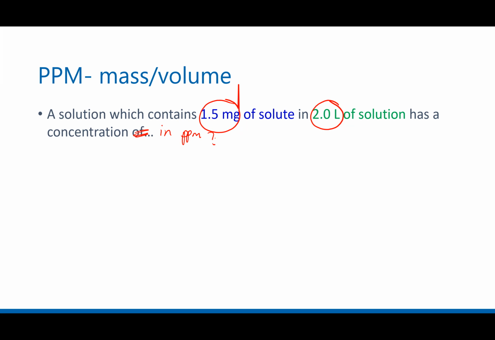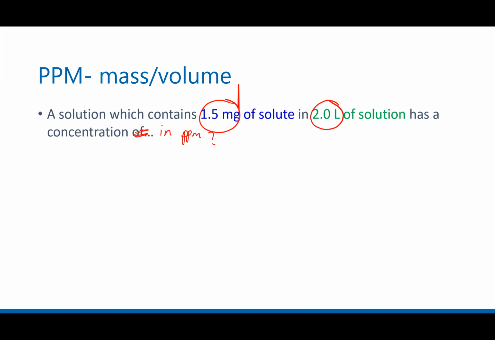So when you get this question on a test or final exam, or in the lab next week, lab number 9, I'll say calculate the concentration in percent or moles per liter. Anyways, this is in ppm.